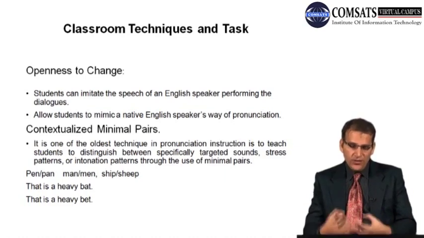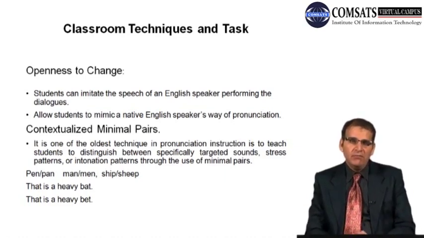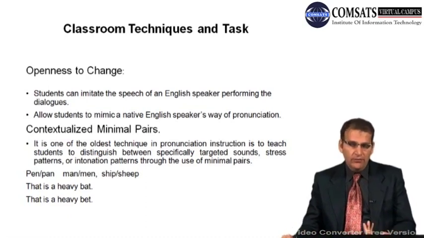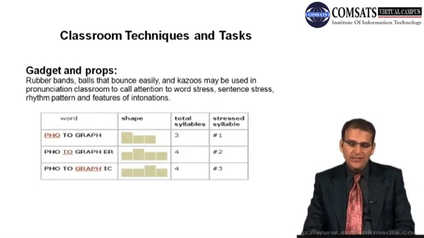I hope you understand. So these were some of what we call minimal pairs, and you can use them in contextualized minimal pairs. Fine. In a context you can talk about these minimal pairs. And there are of course gadgets and props. What are gadgets, by the way? And instruments, you can bring that, right?